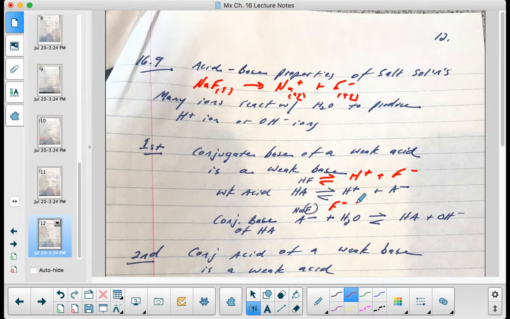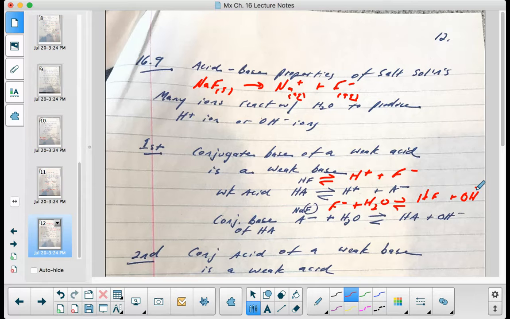The fluoride ion of any metallic fluoride, such as NaF, as I've shown above here, can react with water and it can produce HF, right? That fluoride ion can pull one of the hydrogens out of the water and create HF and the OH ion.